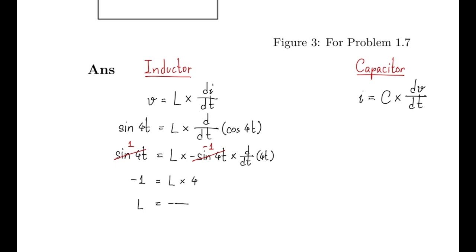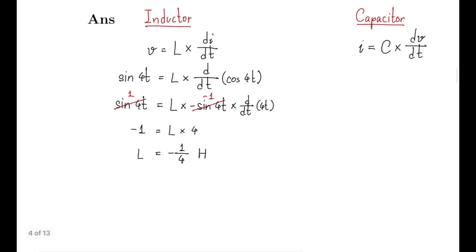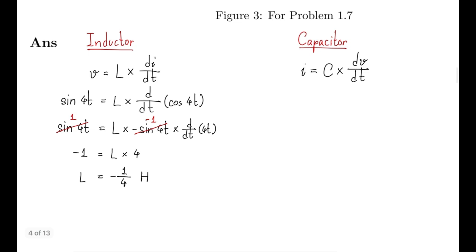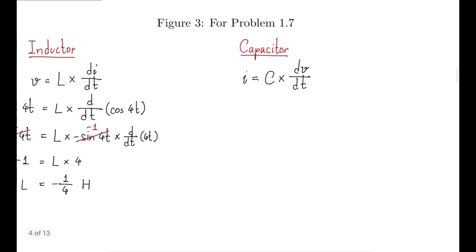We obtain that the inductance of this element is -1/4 Henry, which means that it is a capacitor. To be sure, we can also find the capacitance. Substitute V and I into the formula, then compute the results.